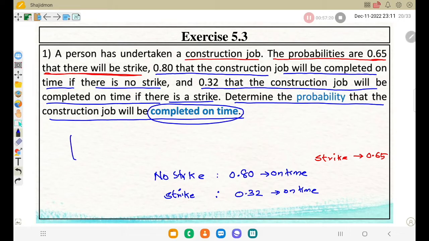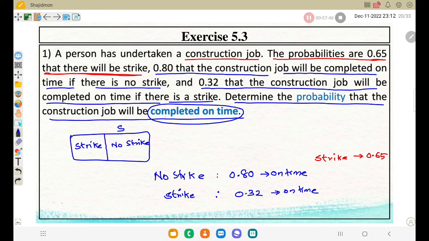We have one sample space here, correct? Partition means in this construction job, sometimes the strike will come, sometimes no strike will be there, correct? So this is the partition, a disjoint set. This is the first partition: strike and no strike.